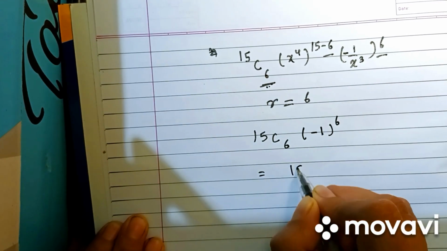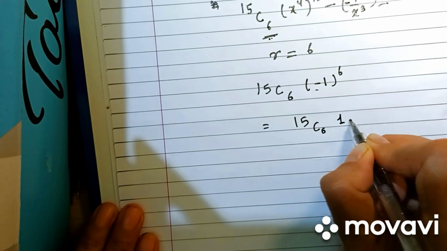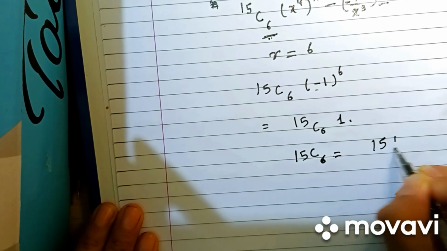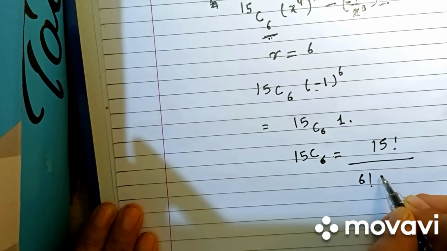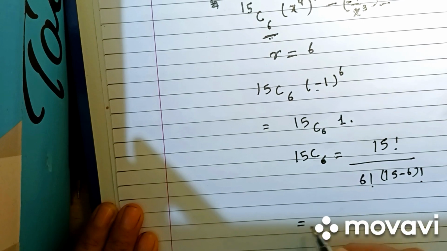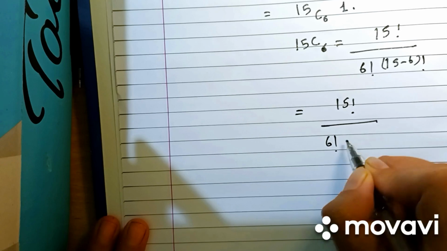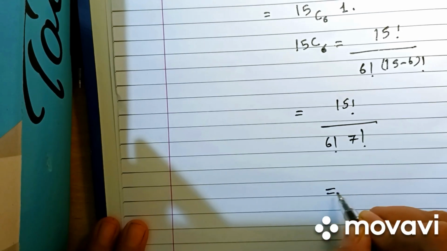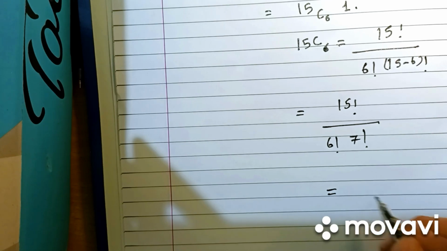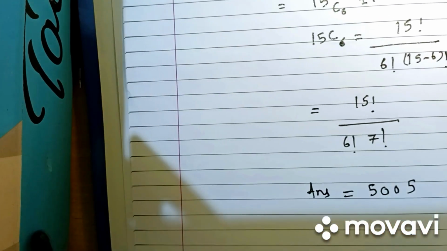Our answer will be 15C6, and minus 1 to the power 6 becomes 1. 15C6 is 15 factorial divided by 6 factorial into (15 minus 6) factorial, which is 15 factorial divided by 6 factorial into 9 factorial, and it comes out to be 5005. So our answer is 5005.